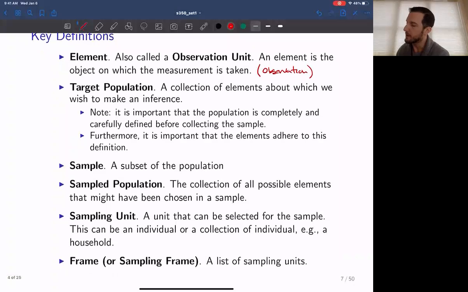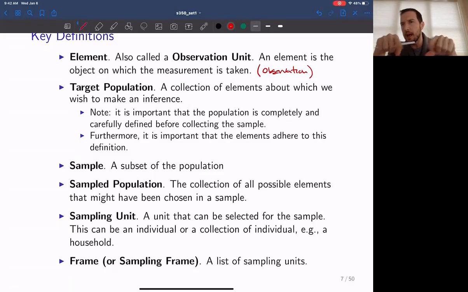The sampled population is the collection of all possible elements that might have been chosen in the sample. It would basically just be a list of the available units from the target population, essentially.